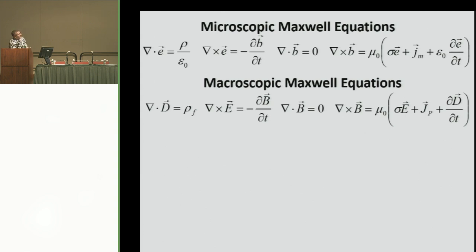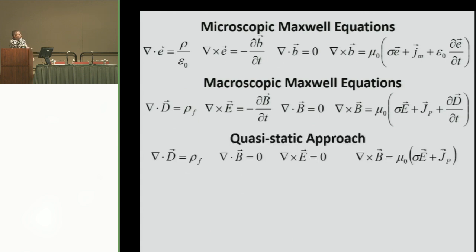And now what we're saying is that this is the free charge that changes this magnitude, and then you have a couple of other things that remain almost the same. The only thing is that this B, capital B, means the average of the small b, a kind of statistical average. And then you have here that this JP in capital letters means a kind of macroscopic source that we are going to talk about a little bit later.